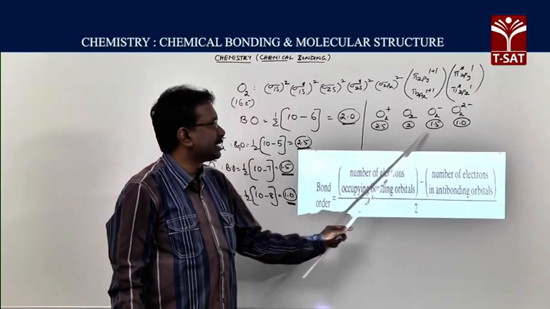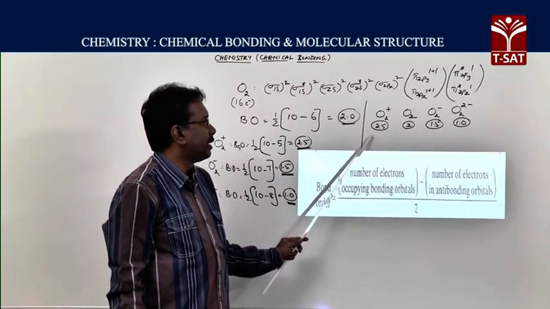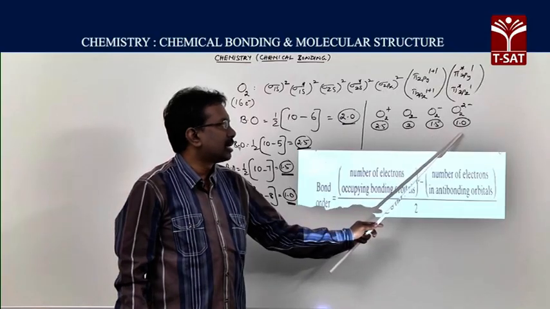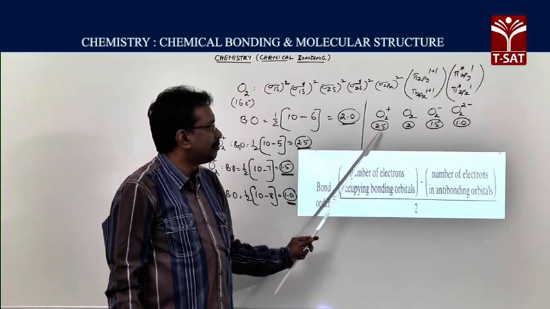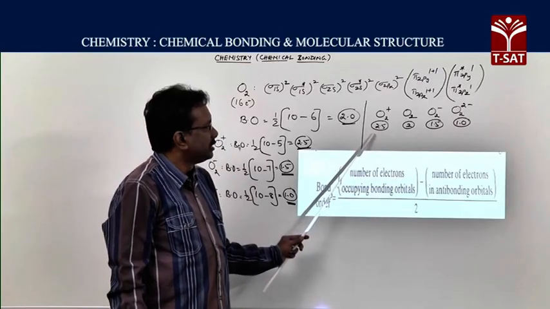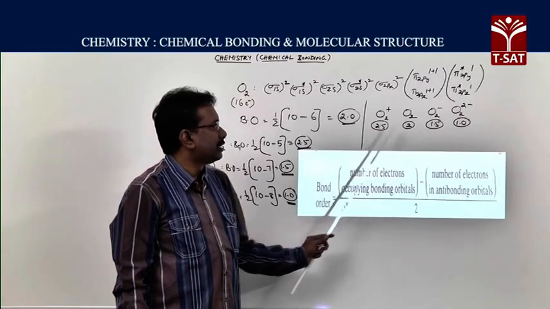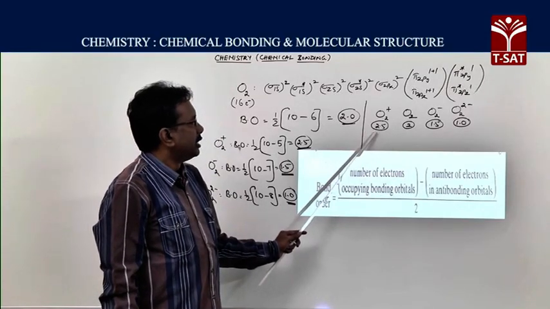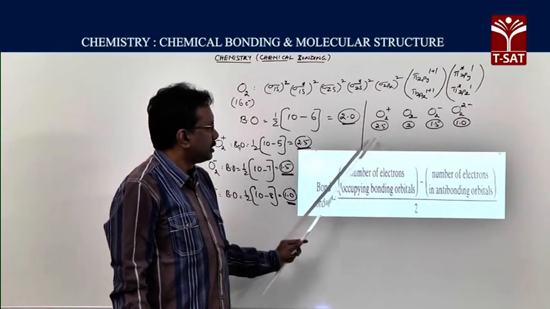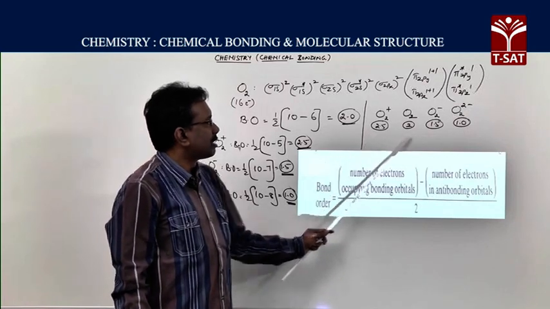If this is the decreasing order of bond order, then we can say this is the increasing order of oxygen-oxygen bond length. Because bond order decreases, definitely this is also the decreasing order of bond energies, and this is also the decreasing order of stability.